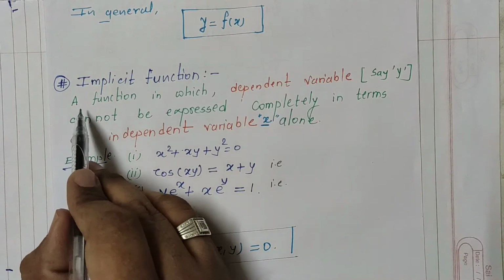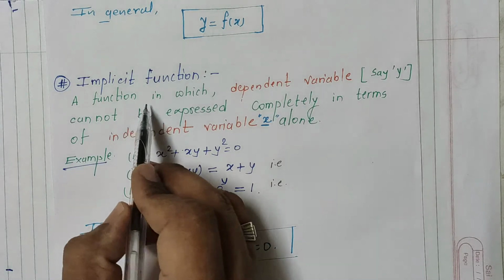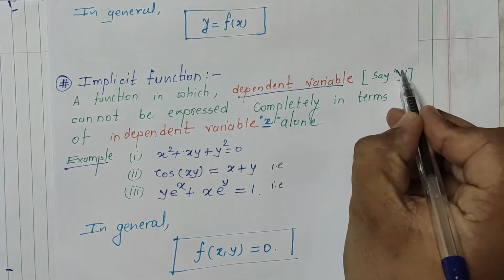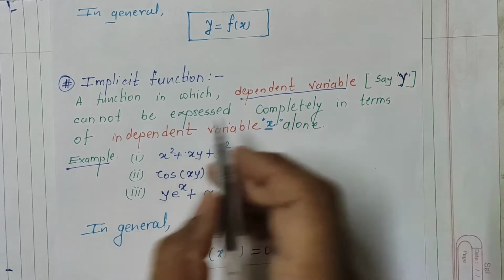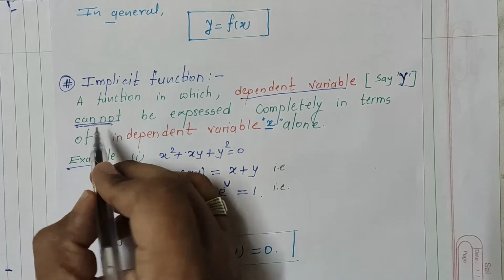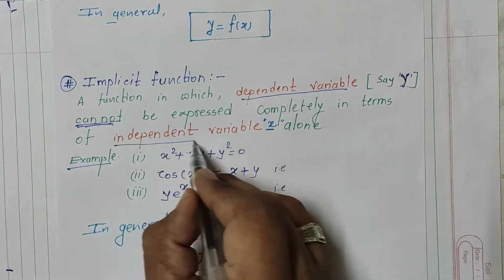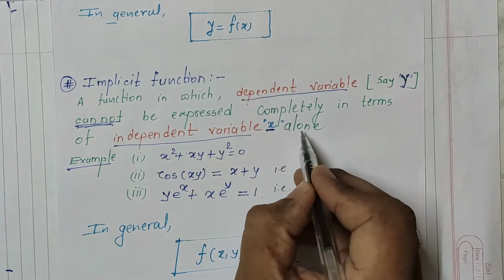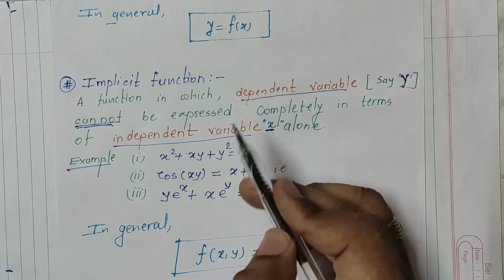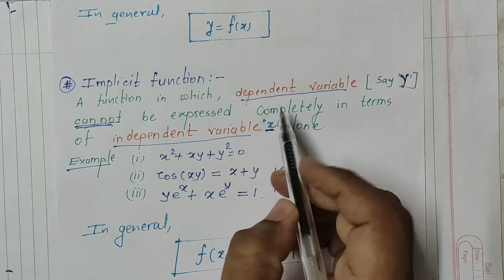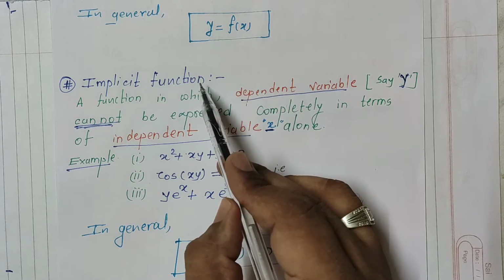Implicit function definition: a function in which the dependent variable, say y, cannot be expressed completely in terms of the independent variable x alone. A dependent variable which cannot be expressed in independent variable x alone, that type of function is called an implicit function.